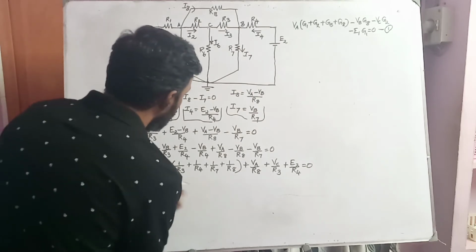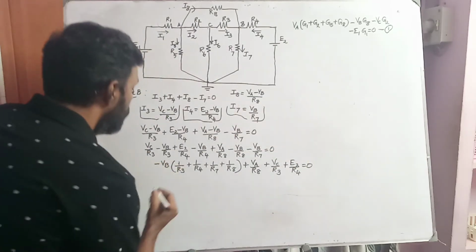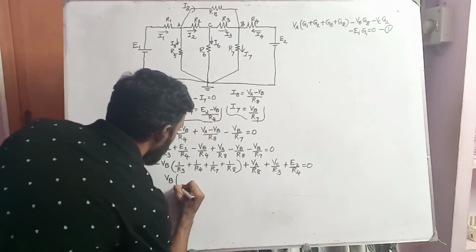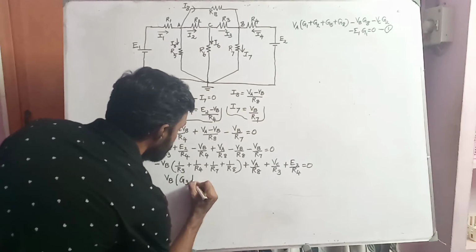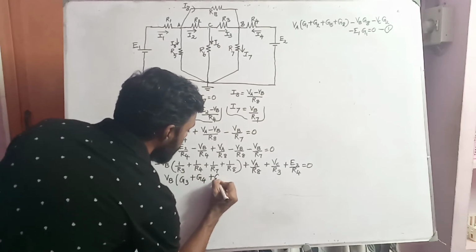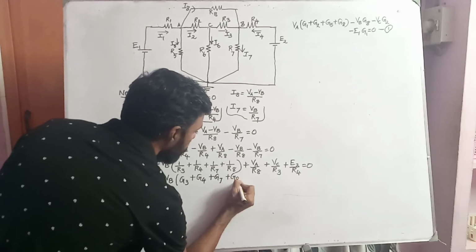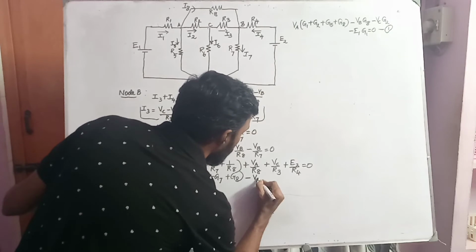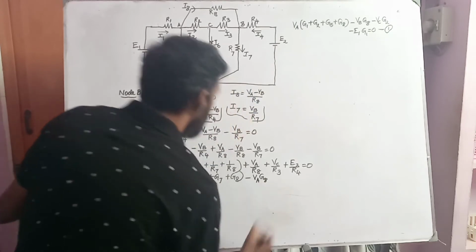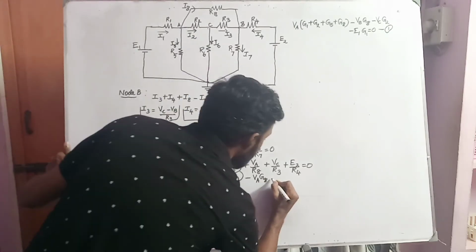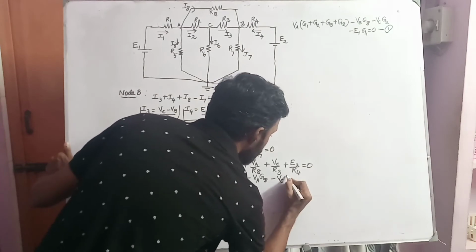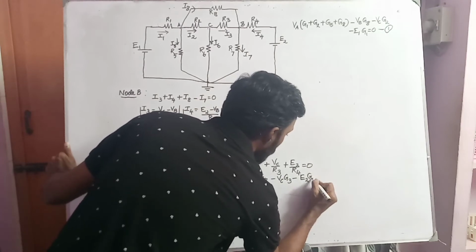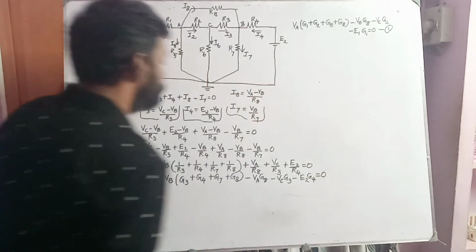Changing the signs and putting it in the form of G, it will be VB into G3 plus G4 plus G7 plus G8, minus VA into G8, minus VC into G3, minus E2 into G4, equal to 0.